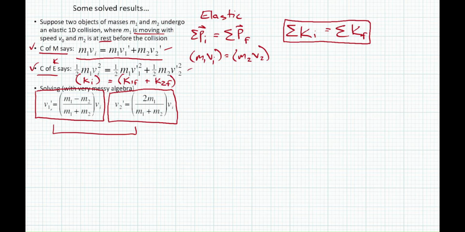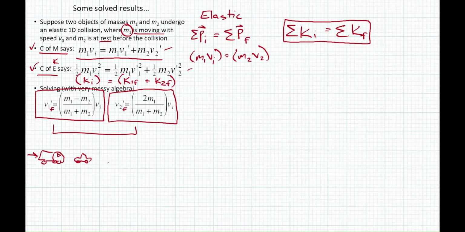These primes, once again, mean final. In fact, I'll just write a little f here: V1 final and V2 final coming out of a collision. For this scenario, one object is moving. That's M1. So we might have a big dump truck moving towards a car which is stationary.